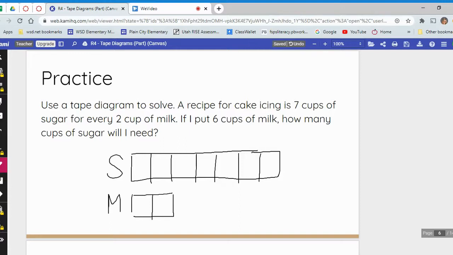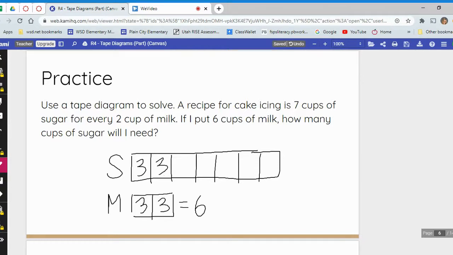Okay, now let's see what we got. If I put 6 cups of milk, so milk equals 6. Now I figure out what one section is worth, right? The piece size. So 6 divided by, I've got 2 sections. 6 divided by 2 is 3.